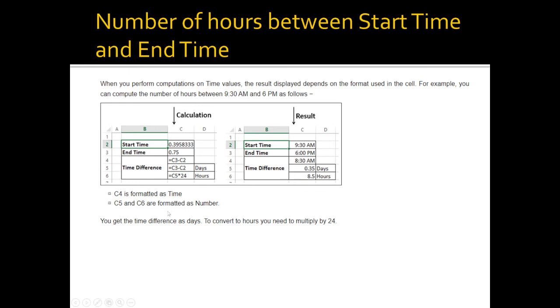C5 and C6 are formatted as numbers. So you get the time difference as days. To convert to hours, you need to multiply by 24. That's what we have done here: get the number of days, multiply that by 24.